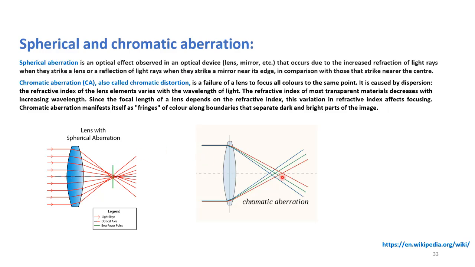The chromatic aberration is because of the wavelength of the light. Visible light falling over this lens has different wavelengths, so the refraction will be different for different colors. In that case, we will get different focuses, which is again a kind of error called chromatic aberration.